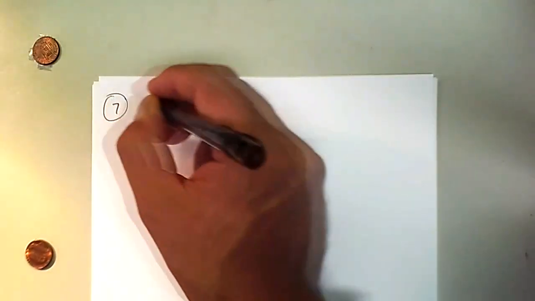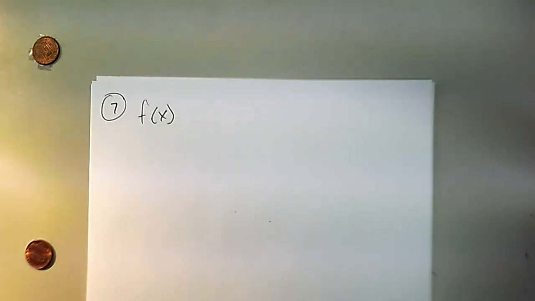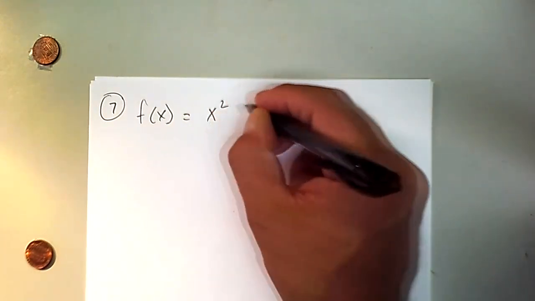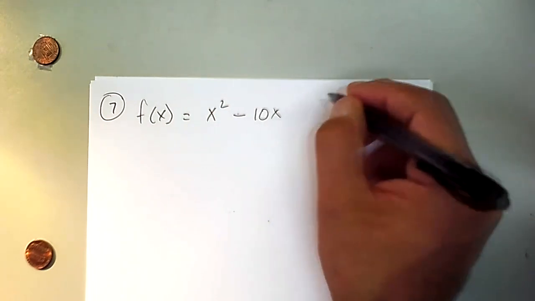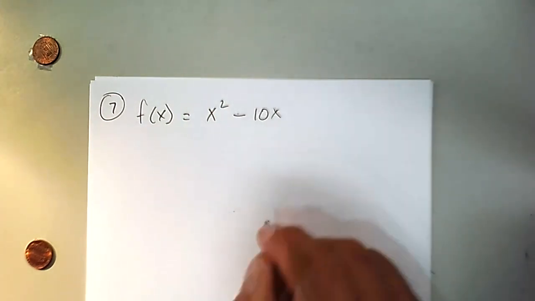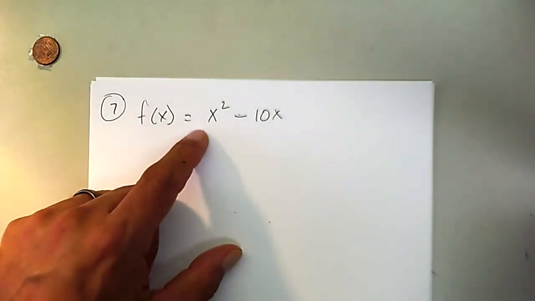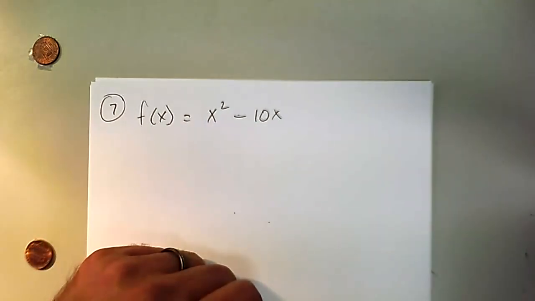Example 7. So let's start with 7. We're going to practice how to go from the general form to the standard form. So let's say we have x squared minus 10x. That's it. Let's just leave it alone. And we want to know how to go from this form to the standard form. This is the general form to the standard form.